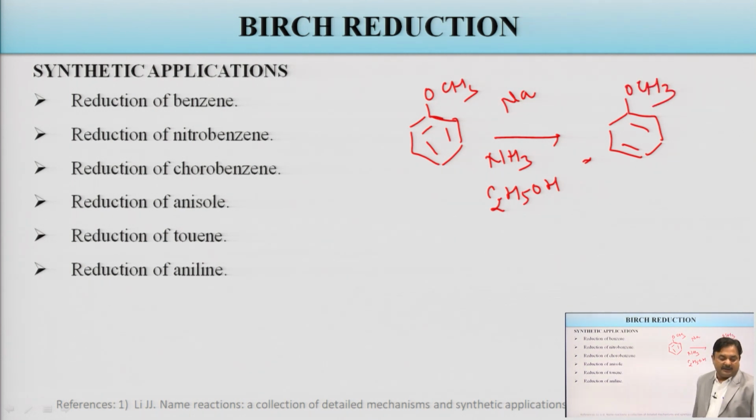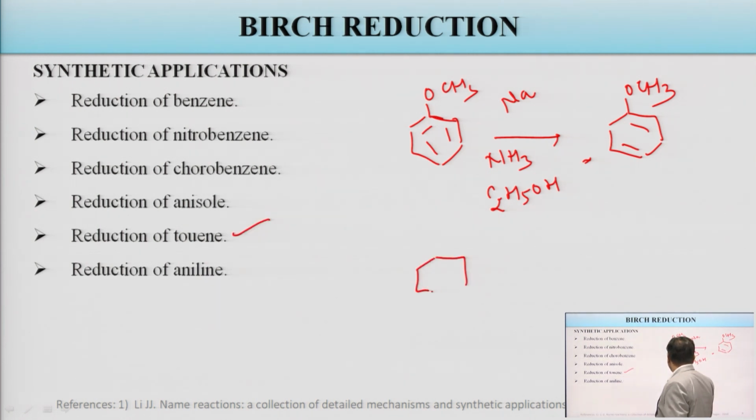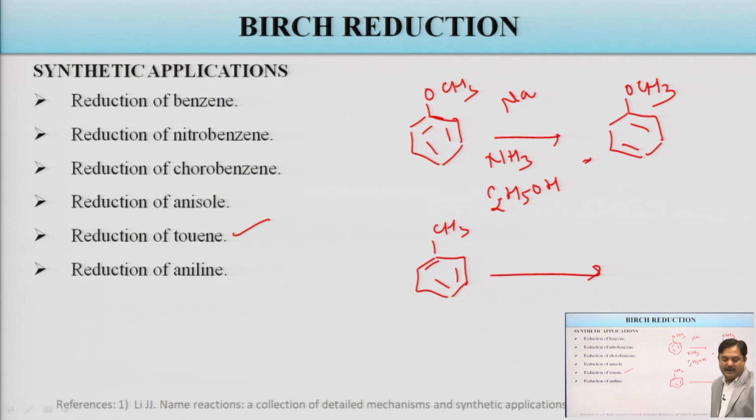The same thing can be done with toluene, as you can see. What is the formula of toluene? It is like this. The same reaction condition will be followed and we get reduced toluene as a product. This is happening because again CH3 is an electron releasing group, as OCH3 is an electron releasing group.